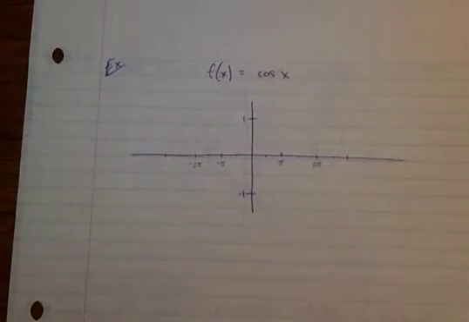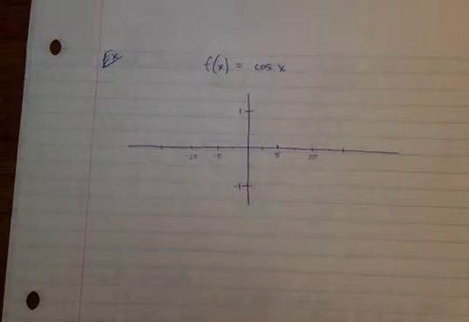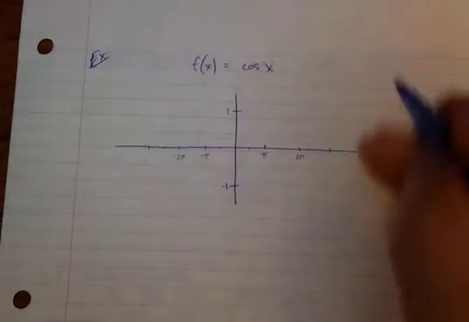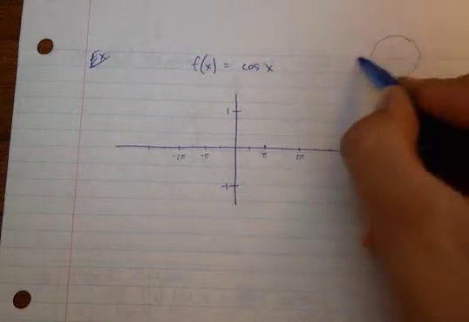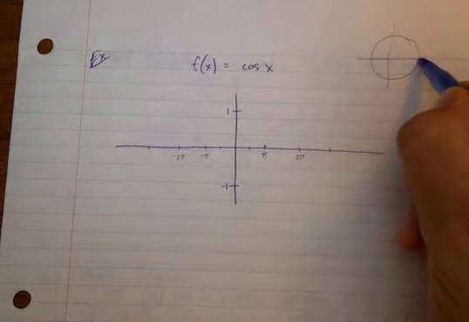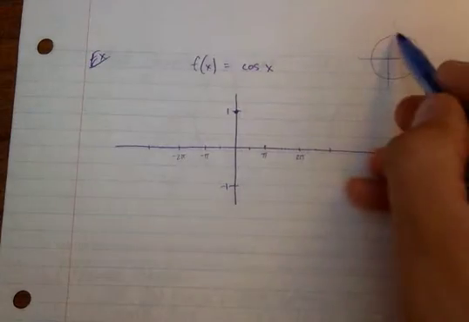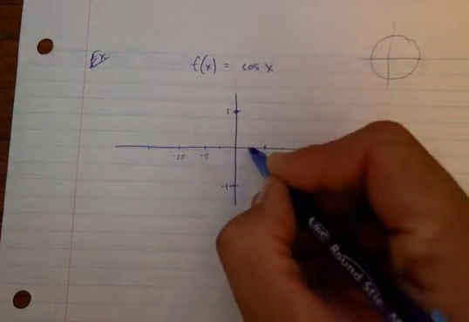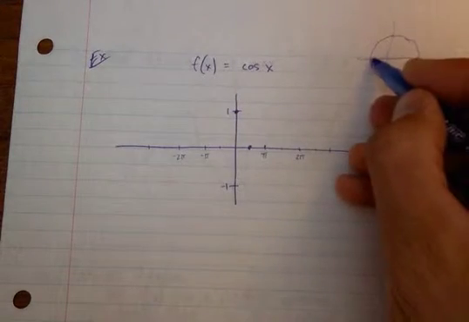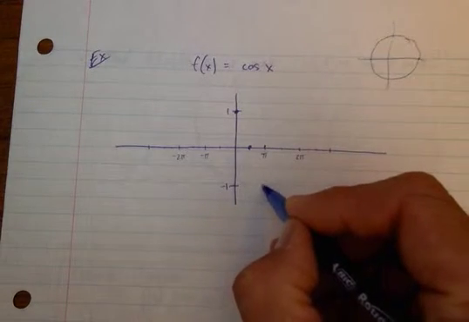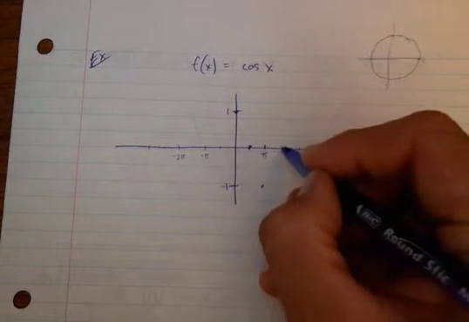Next one. F of x equals cosine of x. Well, let's think about the unit circle. At 0, cosine is 1. What about at pi over 2? Cosine 0. What about over at pi? It's -1. Down here, it's back to 0.